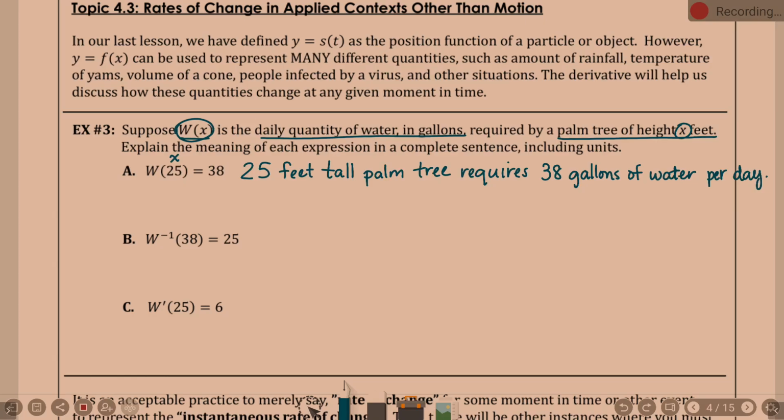B. They like to throw W negative 1 in here, of 38 equals 25. Keep in mind that W of negative 1 is indicating the inverse.